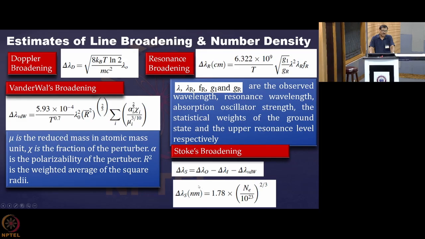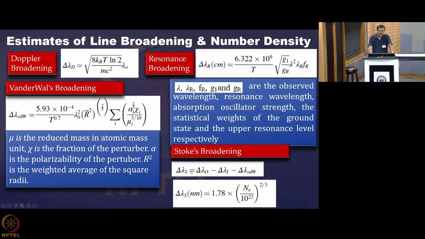So this is the broadening you are getting, and from that you are subtracting the instrumental broadening and Van der Waals broadening, which are the major contributions here, and you can subtract other broadening contributions if they are significant. Then what you get is the true contribution from the Stark, not Stokes.